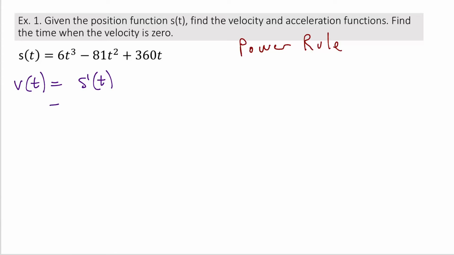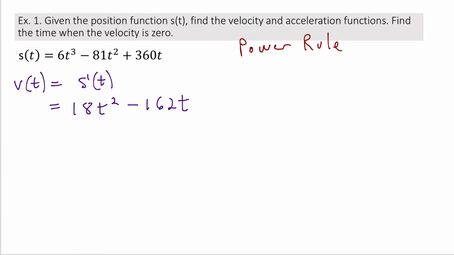Using the power rule, I'd say 3 times 6 is 18 t, and then I bring my power down by 1, so my power is 2. Now 2 times 81 is 162, so that's negative 162, and then I bring my power down by 1, so that's t to the first power, so I don't need to write my power.